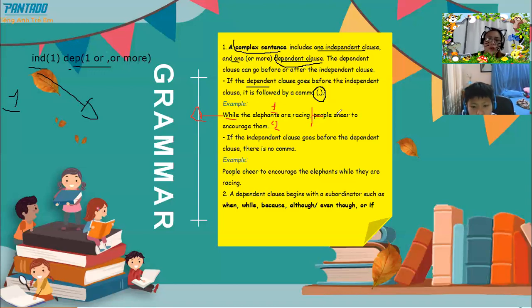If we remove this clause, the thought is not complete. While on the other hand, even if we remove this one, there's a thought. We can still understand what's going on in this phrase. Okay, very nice.